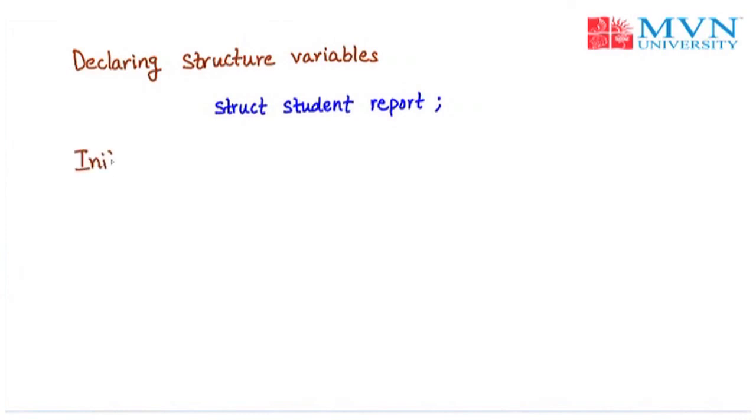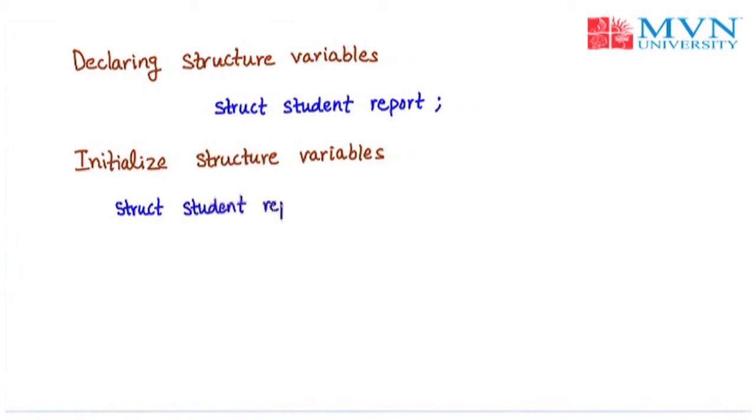Now how can we initialize structure variables? For initialization, again use the keyword struct, the name of the structure student, the name of the variable report, equal to, and in the curly braces we have to specify the values of all the variables that are declared in the structure student.